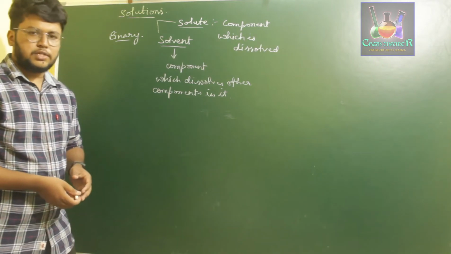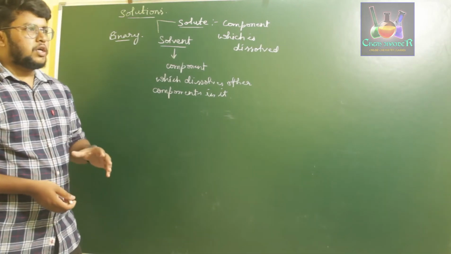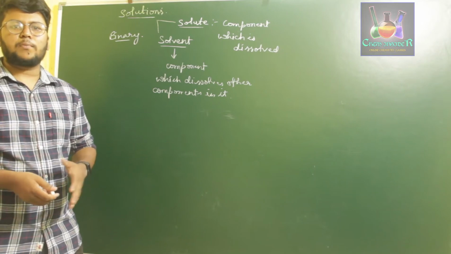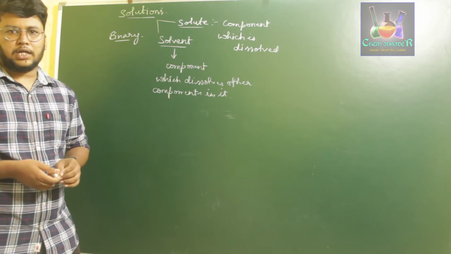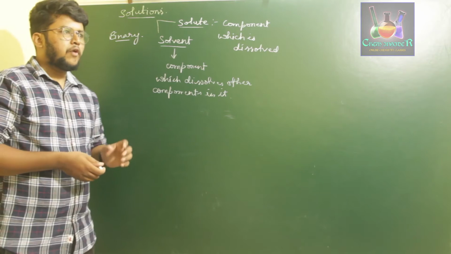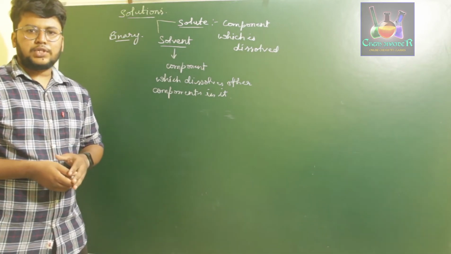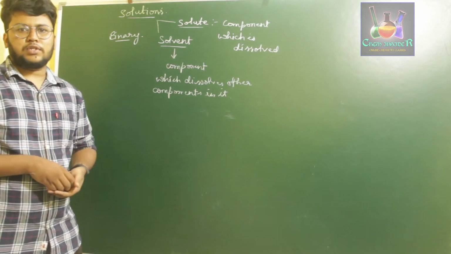In such cases, if you consider a dilute or a concentrated solution, you cannot explain properly how much dilution is observed in that particular condition. Therefore, you need a particular physical quantity which can explain the concentration of the given solution.